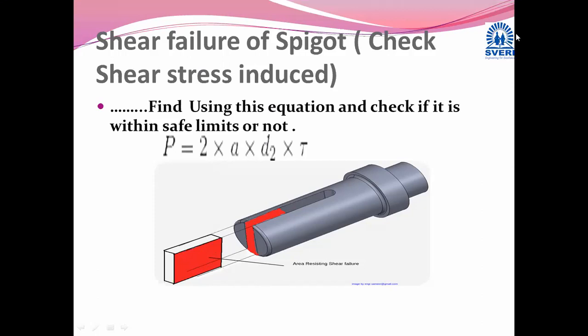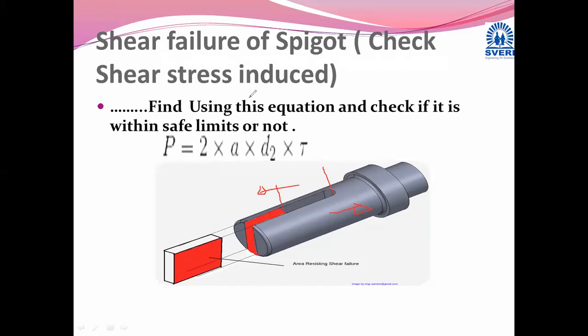In this case, the shearing which is taking place, this shearing is taking place because of the pin. If suppose pin is sufficiently strong, and if we are going to apply the pulling load, then this pin, which is basically here, will shear out the area of that spigot.